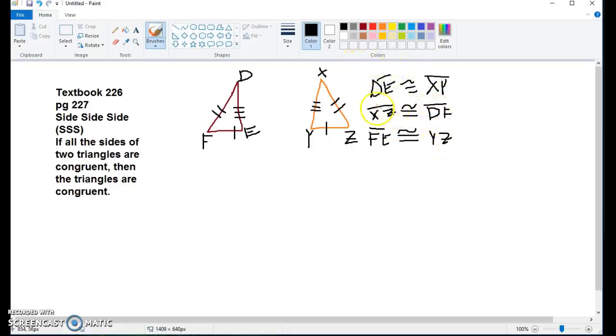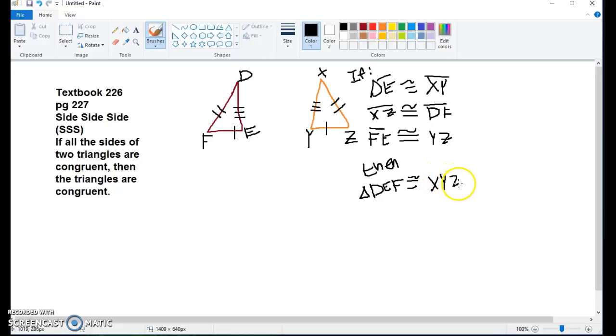So if these three are congruent, then triangle DEF would be congruent to triangle XYZ.